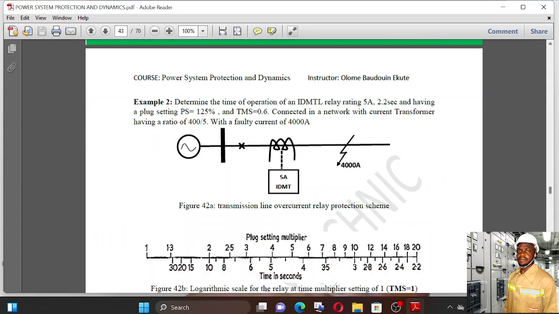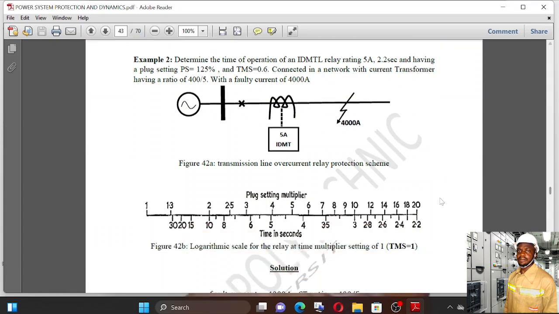Example 2, similar. Determine the operating time of the inverse time characteristic relay of 5 ampere, 2.2 seconds, and having a plug setting of 125% and time multiplier setting of 0.6, connected in a network with a current transformation ratio of 400 to 5 with a fault current of 4,000 ampere.